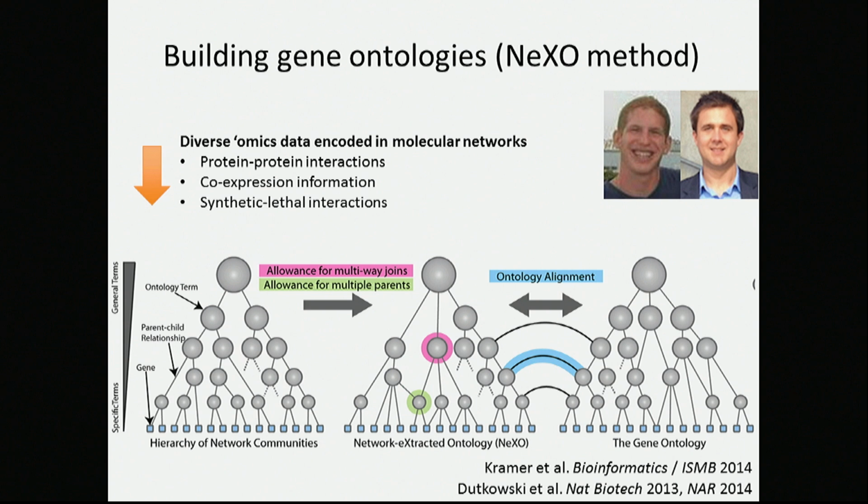So at the top of the hierarchy, you have organelles, and then organelles factor into processes, and processes factor into complexes and smaller complexes, and finally genes. And we thought, and this is now a team led by Mike Kramer and Janusz Dukowski, that we could try to reconstruct a lot of this hierarchy directly from network data.